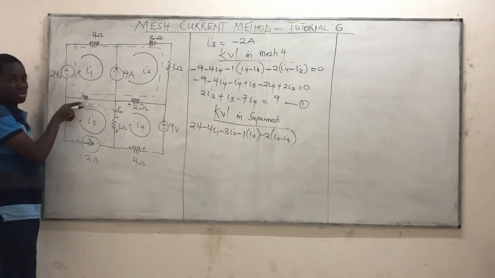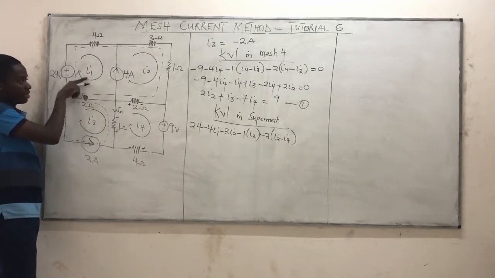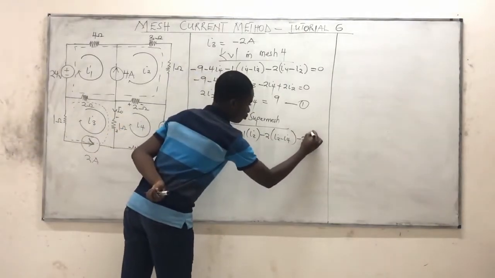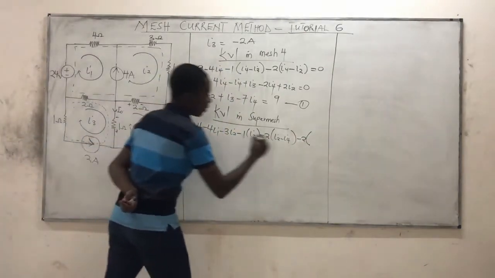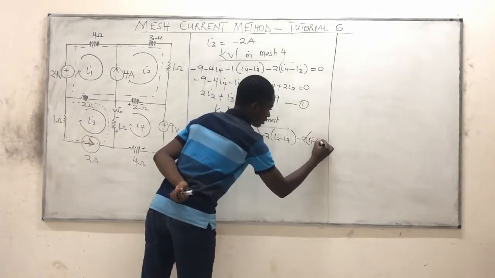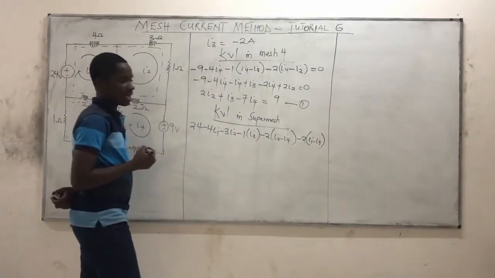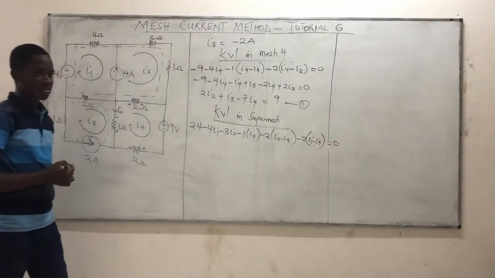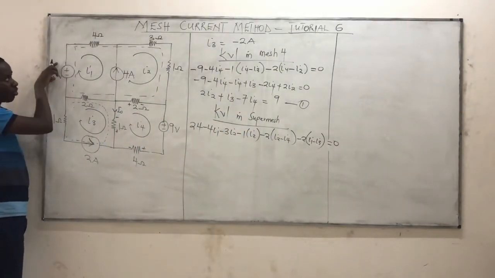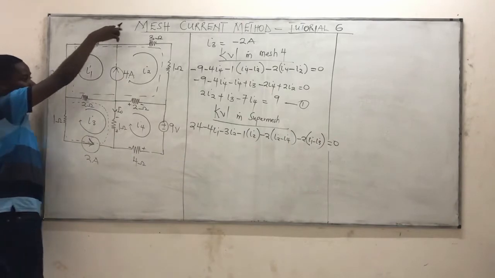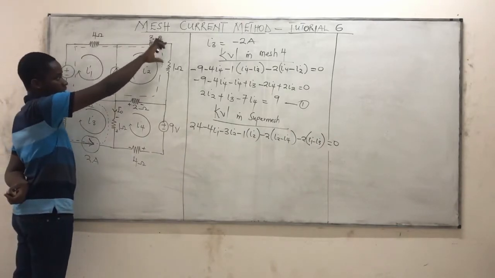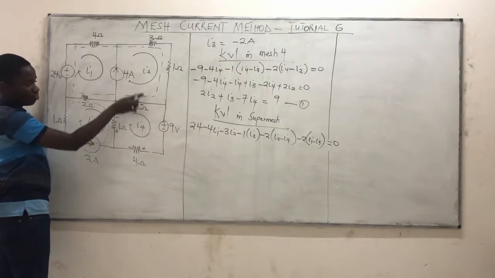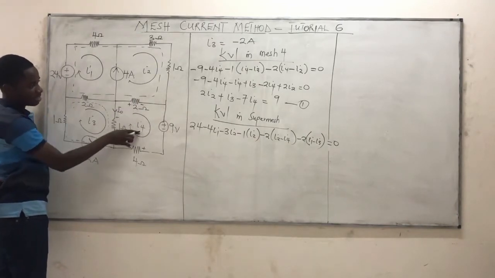Then we come to these two, which are also lying between mesh 1 and mesh 3. So I have minus 2 multiplying I1 minus I3, and that is equal to 0. Have you seen? We started from 24, we came to the 4, we moved to this 3, we came to this 1, we came to these 2, which is between I2 and I4, so I2 minus I4.